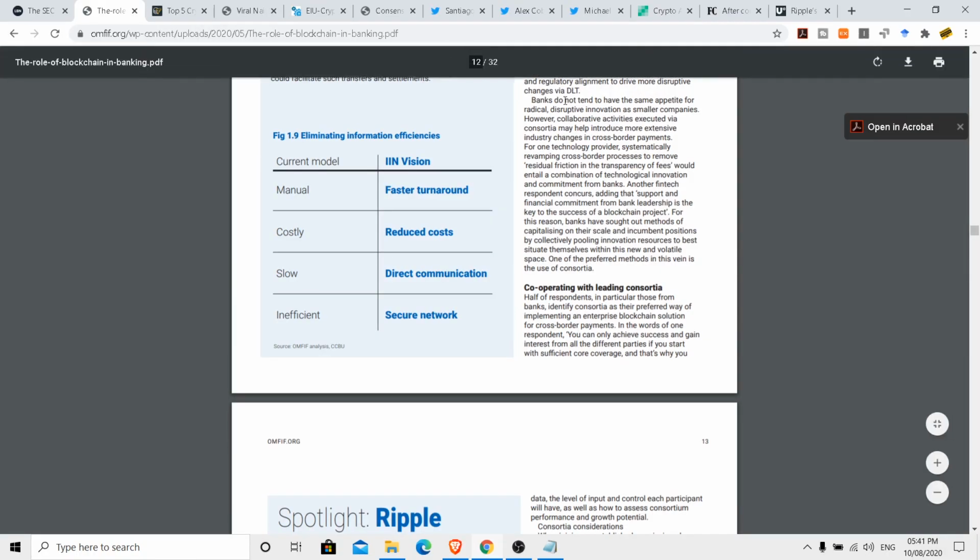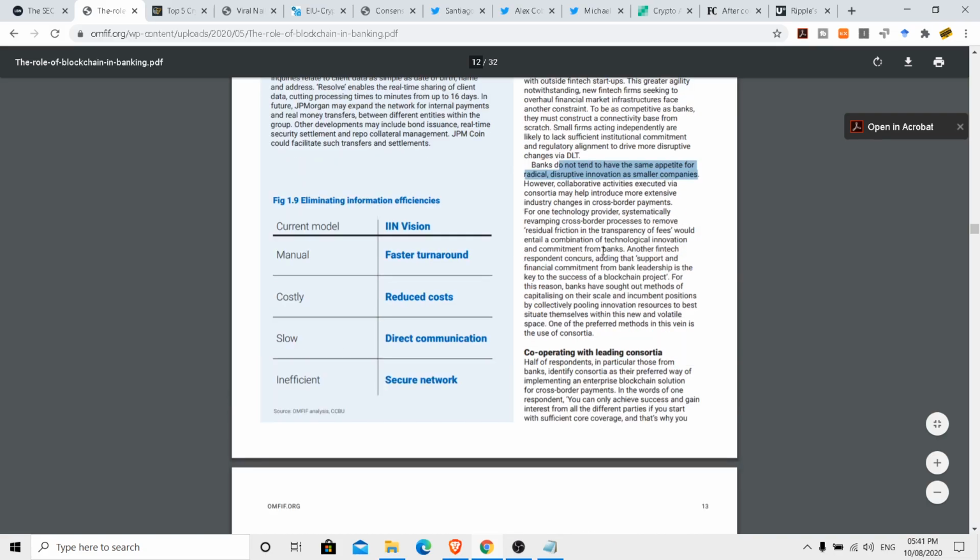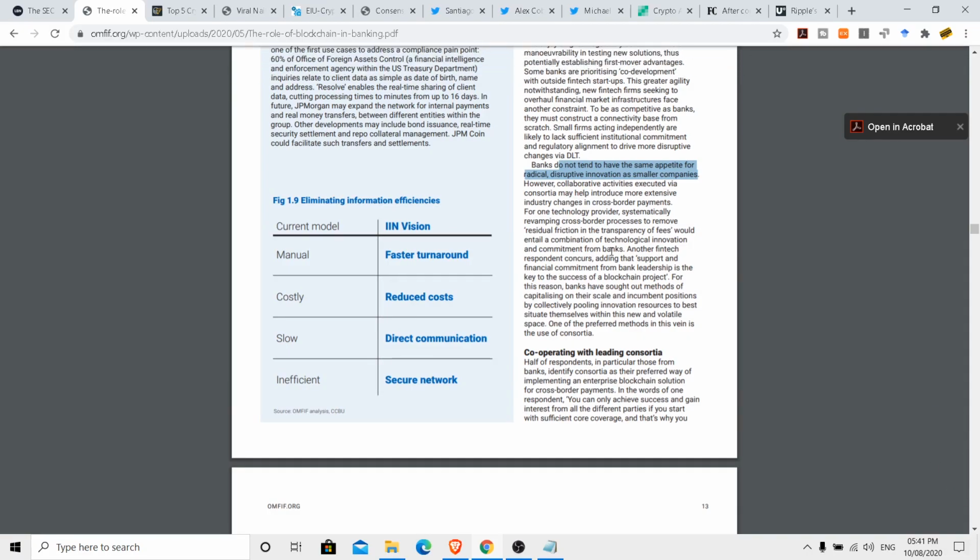Now, banks do tend to have some appetite for radical disruptive innovation, as do smaller companies. If you look at the partners of Ripple and those who are using XRP, you can see it's something like this. The small financial institutions who have to pay big institutions like Citi to execute their payments are coming into this radical and disruptive innovation.